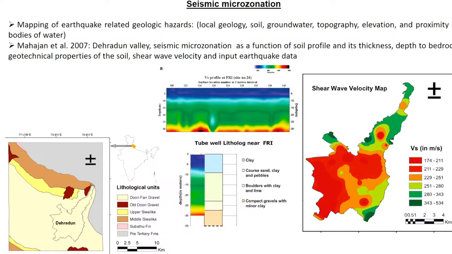A shallow earthquake of magnitude 6 and above can bring more disaster and more deformation in these patches. And if there is a deep-seated earthquake, we know that for a deep earthquake most of the surface wave gets dissipated, so little energy comes to the surface, and less damage occurs.